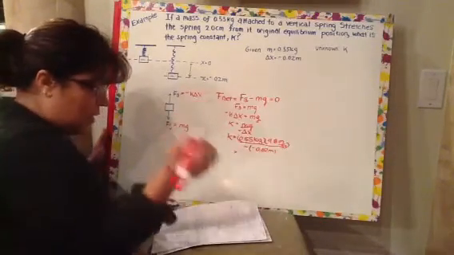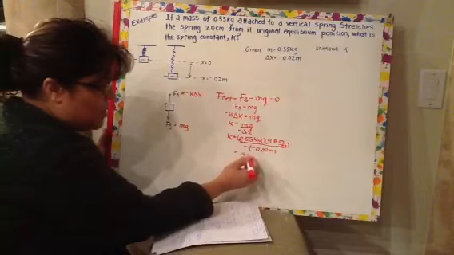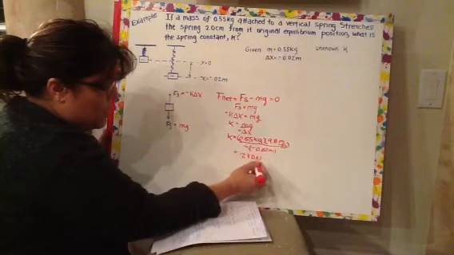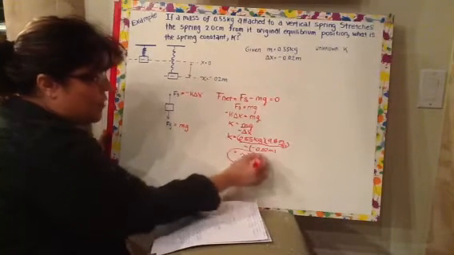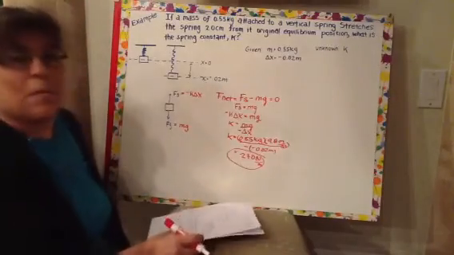If we calculate this, we end up with 270 Newtons per meter. And this is our value of K. K is always a positive number.